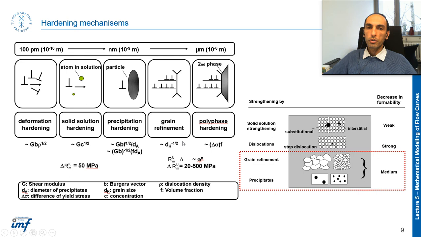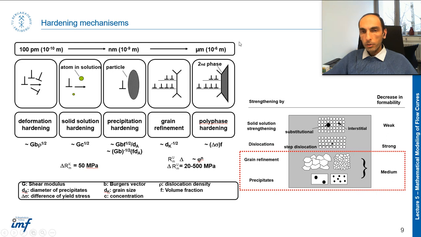So by decreasing the grain size, the flow stress increases, or the mechanical property increases.